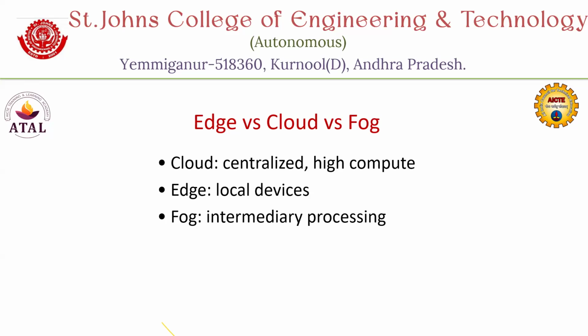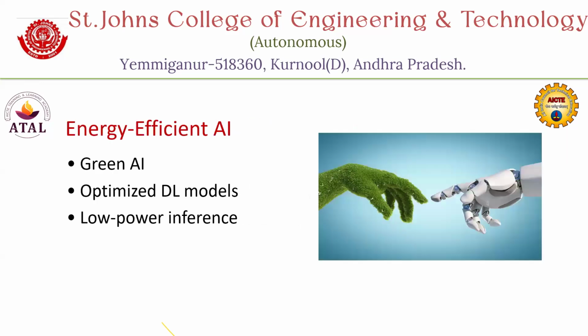And fog is an intermediate layer bringing the edge and the cloud together. One more is called tiny ML, which enables machine learning algorithms on microcontrollers, allowing ultra low power devices to run AI locally.